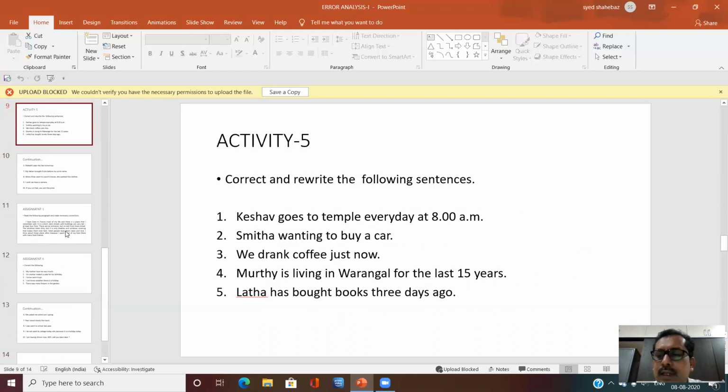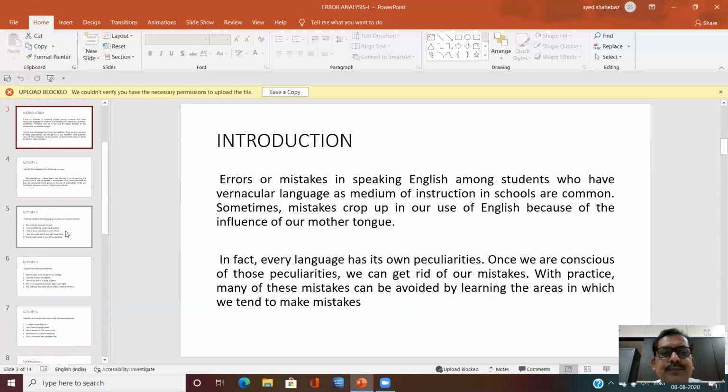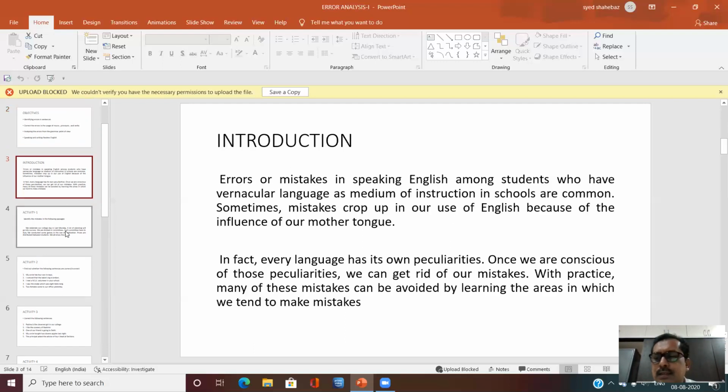So let us have a recap of what we learned. The first slide we have objectives. In the second slide we have introduction. Errors or mistakes in speaking English among students who have vernacular language. Vernacular means a regional language as a medium of instruction in schools are common.